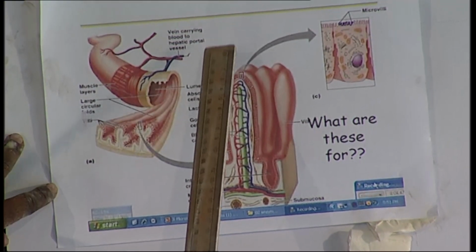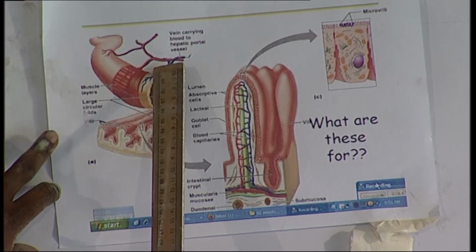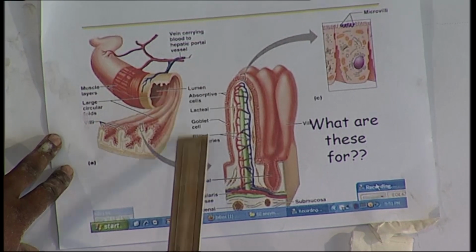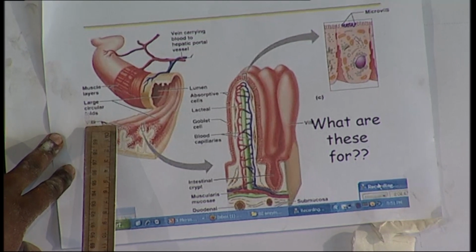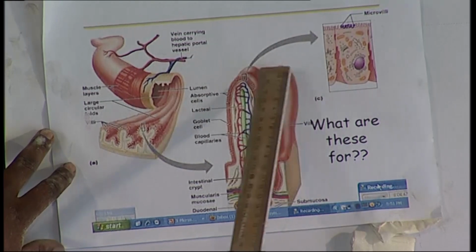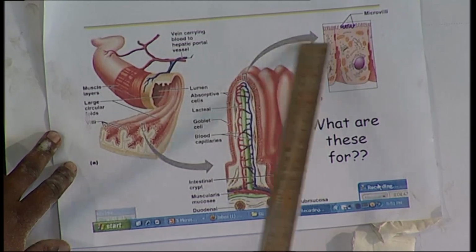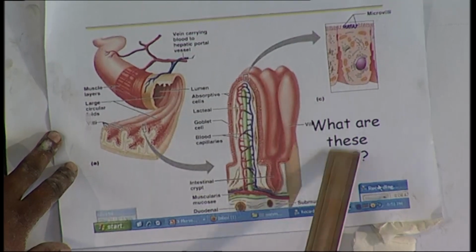The other one carries deoxygenated blood, that is, carbon dioxide and other waste products, away from the small intestine. We have these finger-like structures called the villi. When it is one, it is called a villus. In our small intestine, there are millions of villi, and these finger-like structures help the process of absorption.